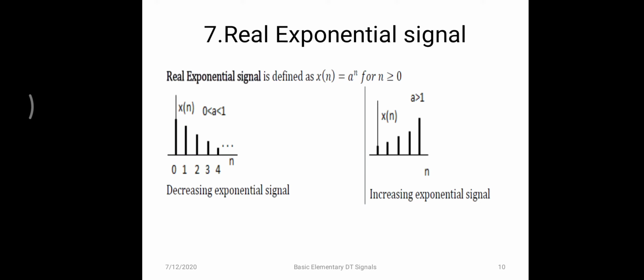In the continuous case, the value is lesser than 0 or greater than 0. But in the case of discrete time, the value of a is lesser than 1 or greater than 1. If the value of a is less than 1, that too between 0 to 1, the function will start to decrease. If I choose the value which is more than 1, the function will start to increase. So that will produce decaying exponential and growing exponential signals.